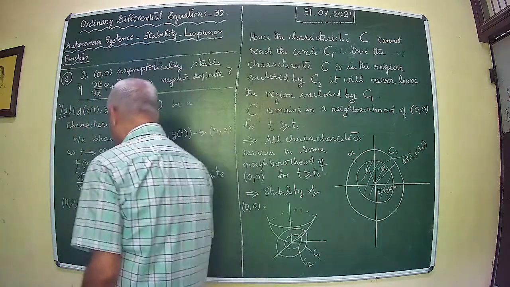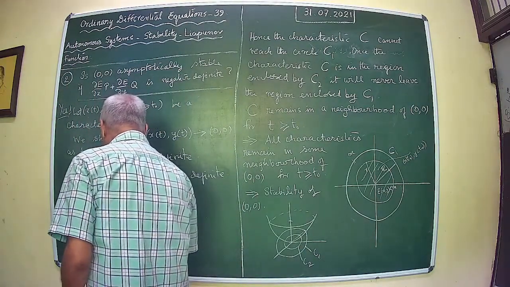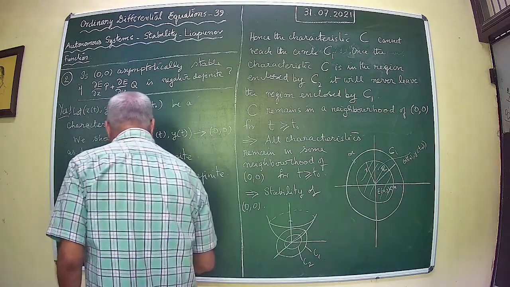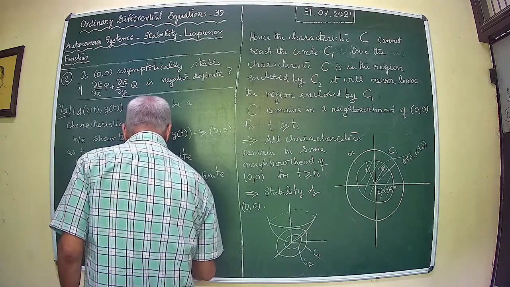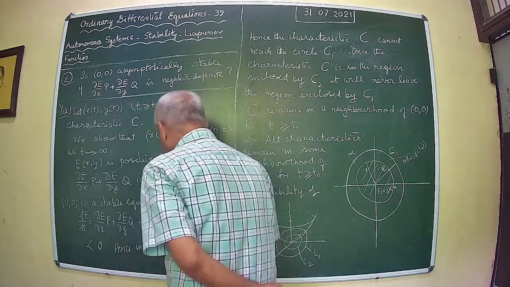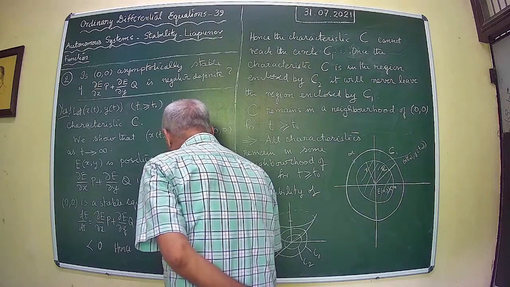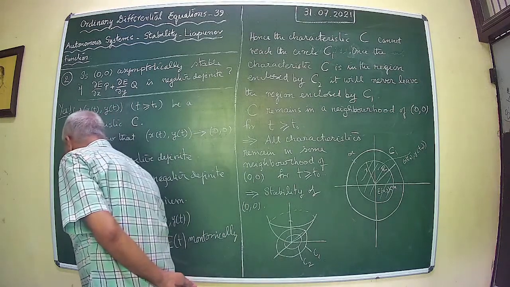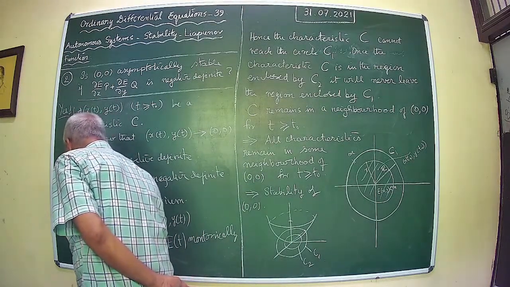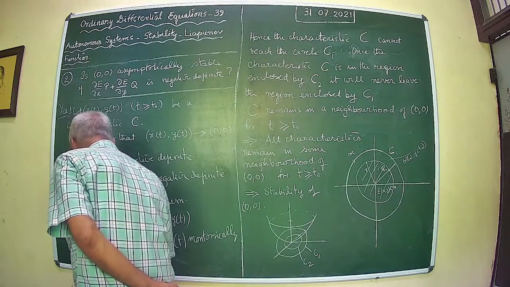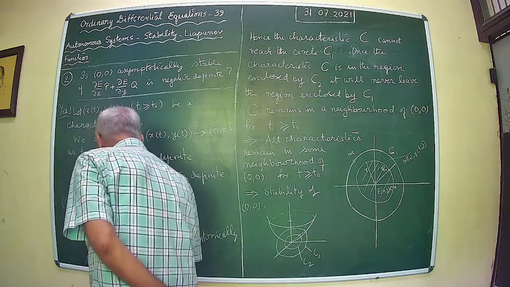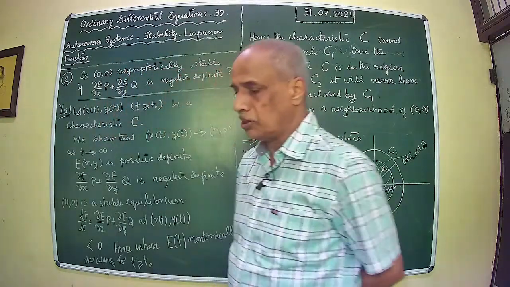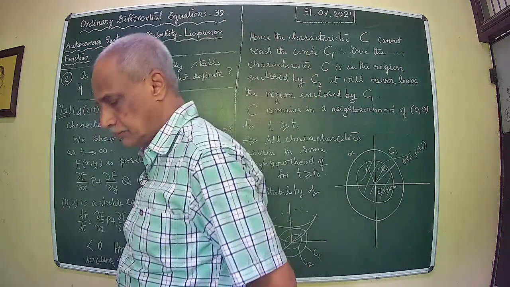Therefore, E(t) is monotonically decreasing. So E(t) is now a monotonically decreasing function.